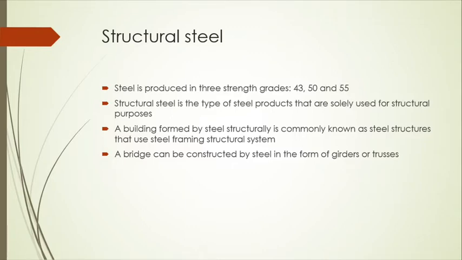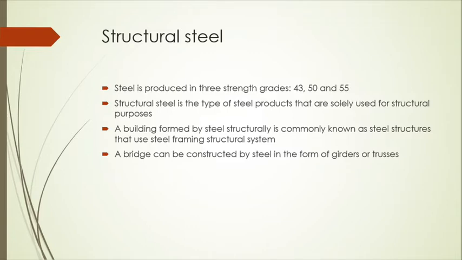So basically, structural steel is produced in 3 strength grades: 43, 50, and 55. Structural steel is the type of steel products that are solely used for structural purposes. So mainly used, as the name implies, for structural purposes.